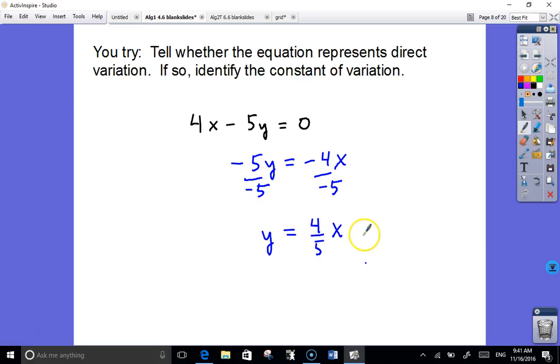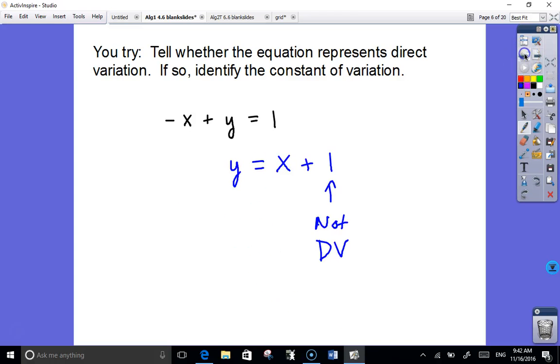So you say, because the b equals 0, yes, that's a dv. And k equals what? Not x. It's just the number in front. So if you notice, and I think we just did 5 of these.